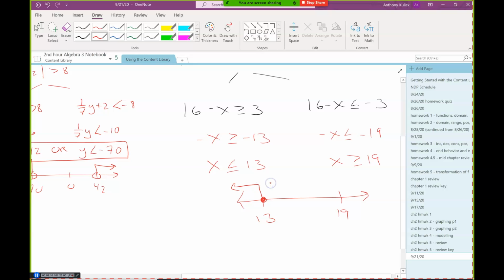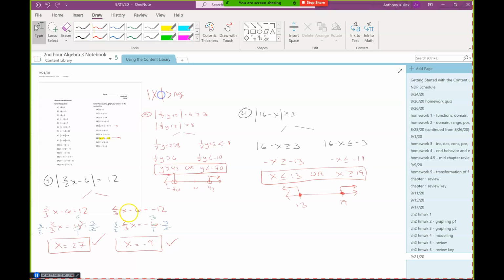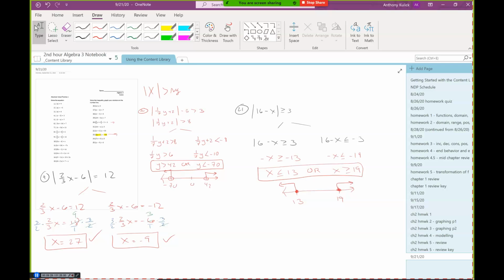So less than or equal to 13 is here, and greater than or equal to 9 is here. Since the arrows point away, that's the OR inequality. Alexis, you're welcome. 17. Yup.